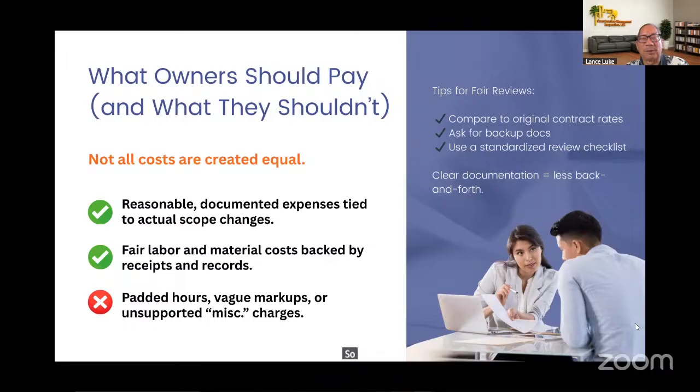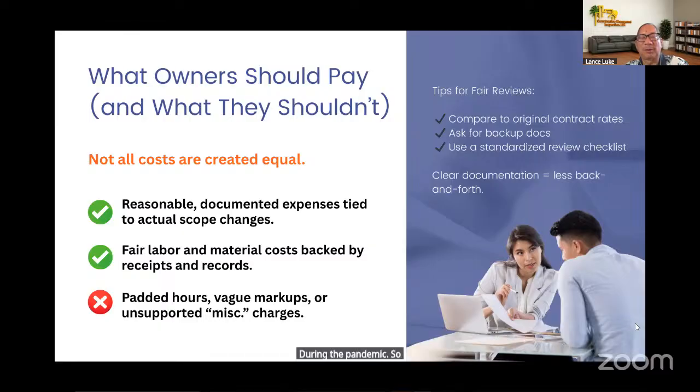So year 3 after the pandemic, construction starts and there's a change order, okay? You cannot expect the contractor to agree to the original labor rates specified in the contract, or even the cost of materials, because everyone knows that the cost of materials went up during the pandemic.